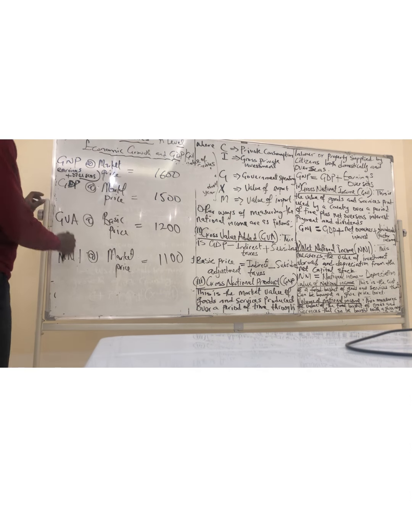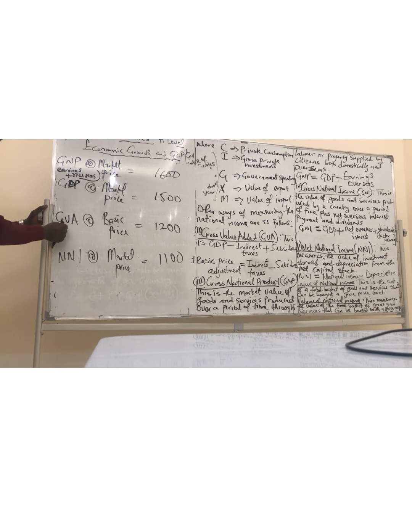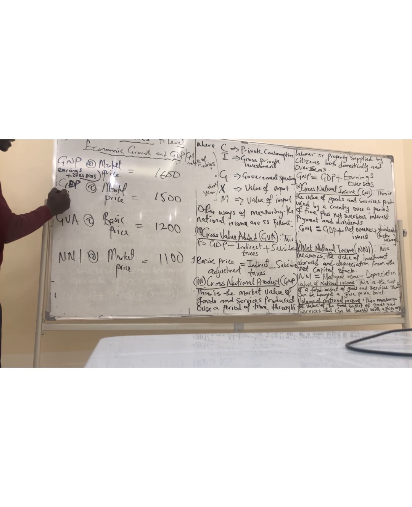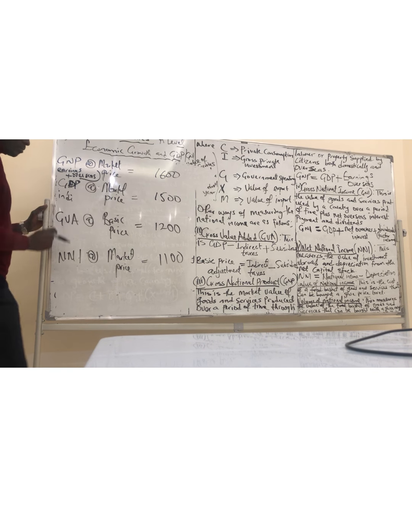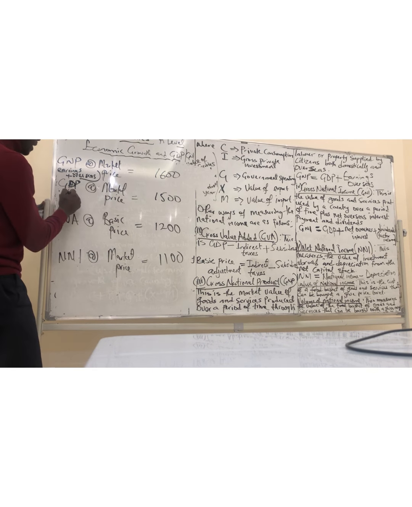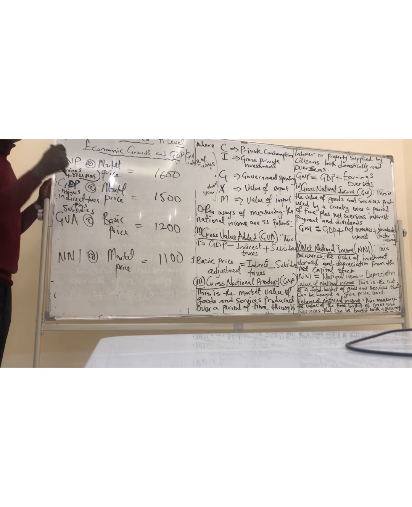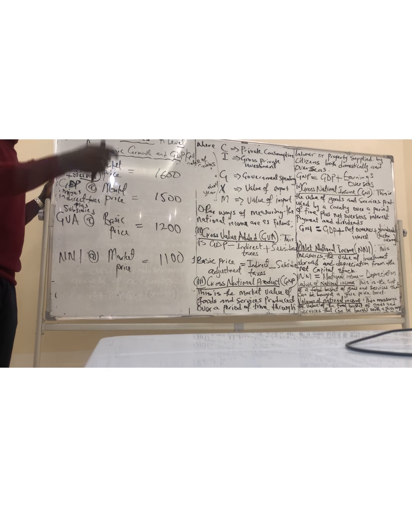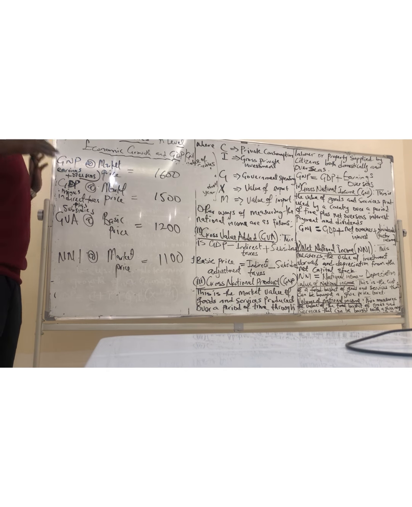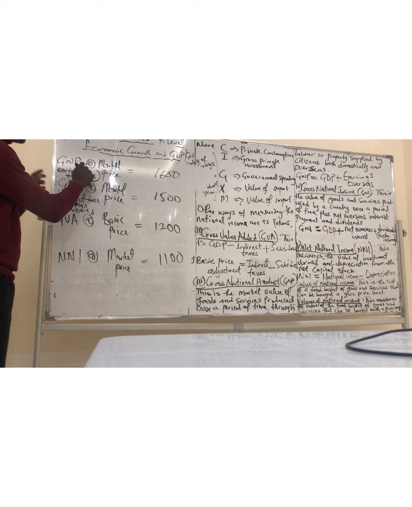So look at it here. GVA is GDP minus indirect taxes plus subsidies. Is it clear? So your GNP is more than your GDP because your GDP you have to add to your earnings overseas before you get your GNP.